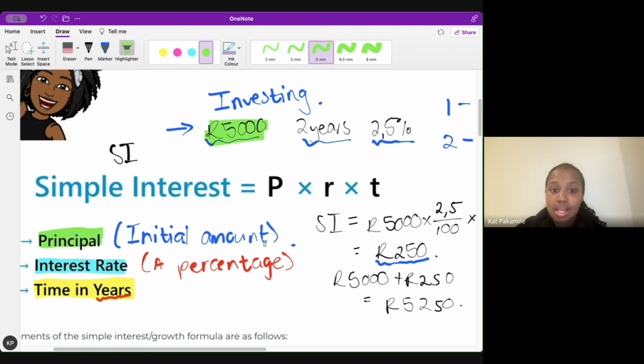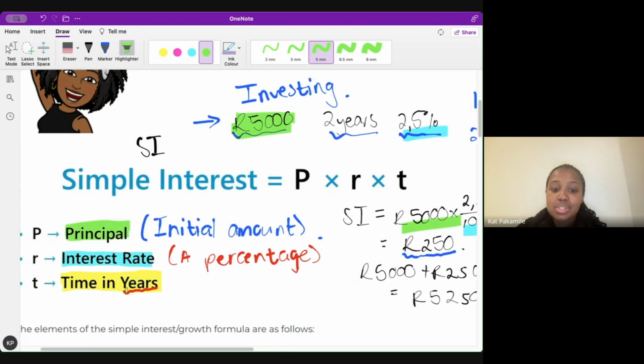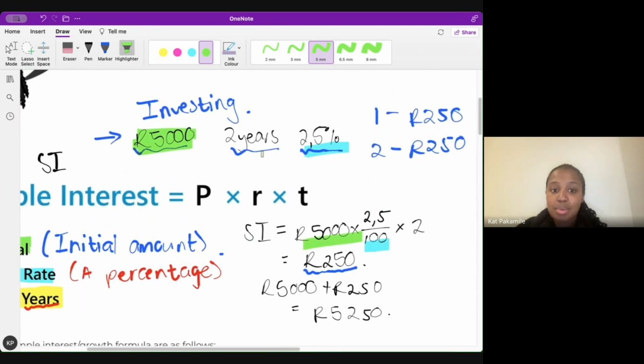That's why I substituted. There it is there. Times your interest rate, which was 2.5%. The reason it's over 100 is because it is percent. Times the time in years. I said I'm investing for 2 years, that's why you multiplied it by 2. If you just put this in your calculator, you get 250 rands. Are we with me?